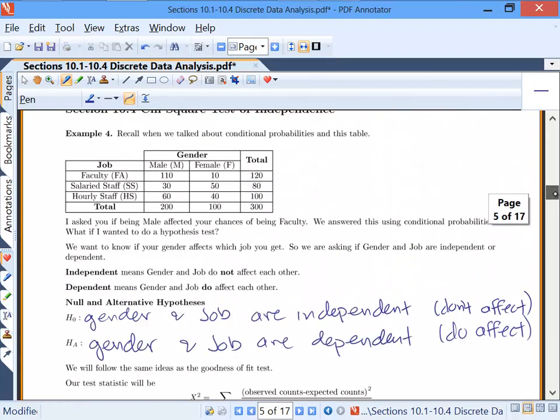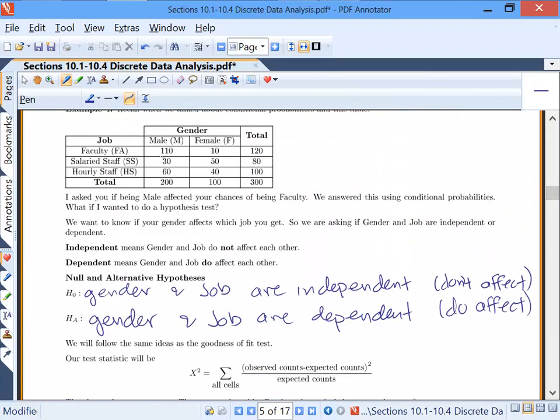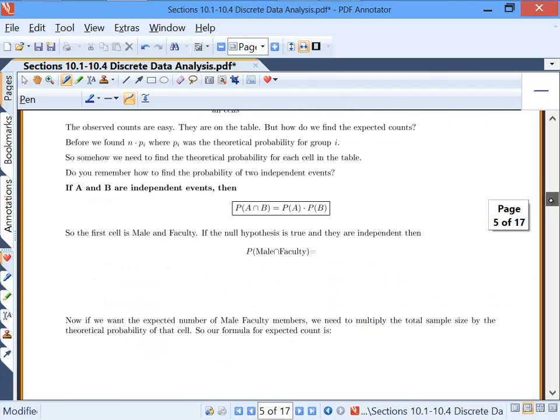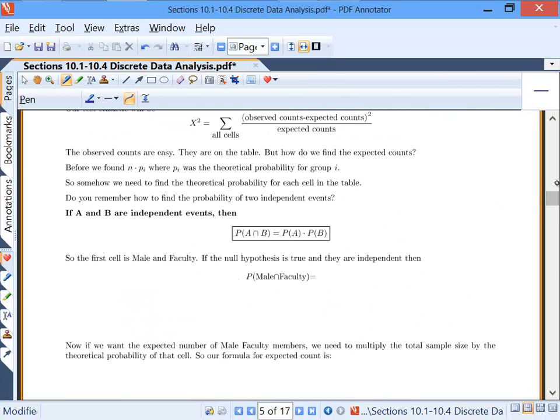Notice it is the intersection of male and faculty. So if the null hypothesis is true, that would mean they are independent events. And so the probability of male and faculty is going to be equal to the probability of male times the probability of faculty.